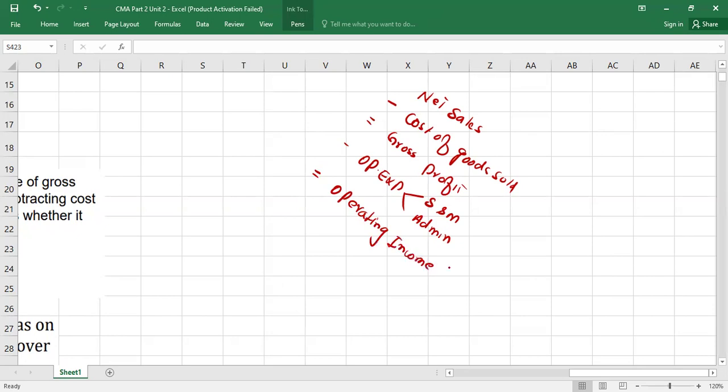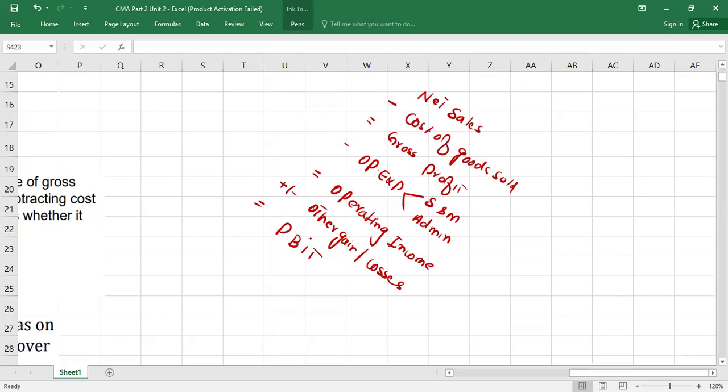Okay, guys. In this operating income, we may have plus or minus for other gains or losses. Other gains or losses means it's not from operations, maybe it is from the sale of assets, etc. Then this is called profit before interest and tax, which is also called earnings before interest and tax.